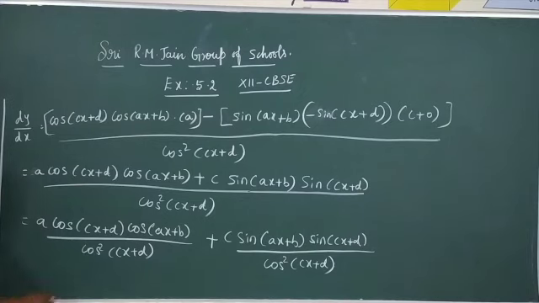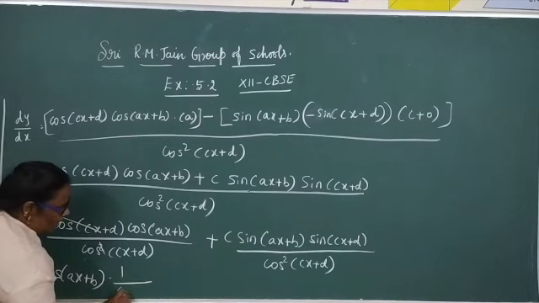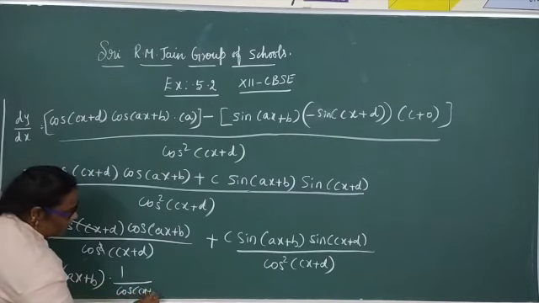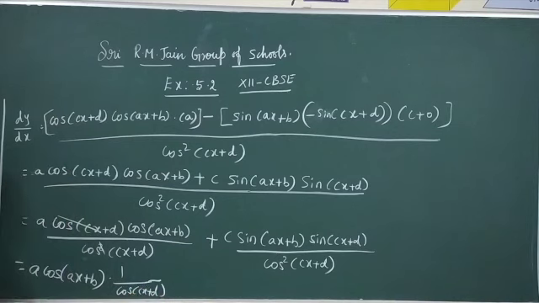See here, one term gets cancelled: a into cos of ax plus b into 1 by cos of cx plus d.